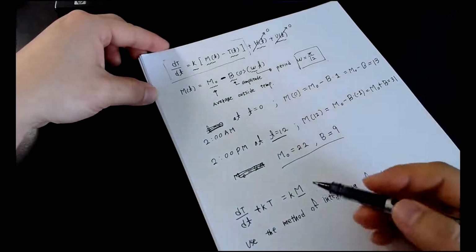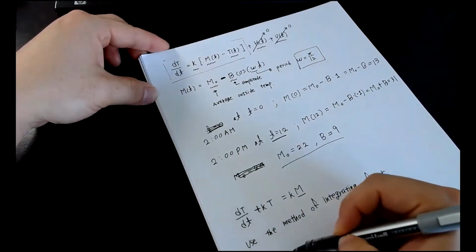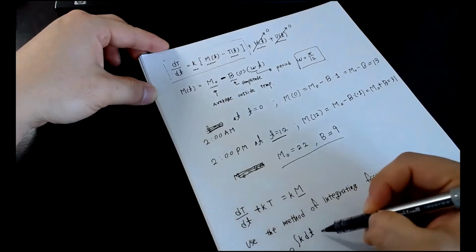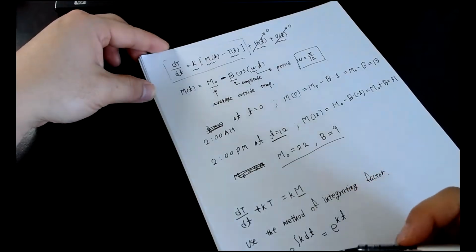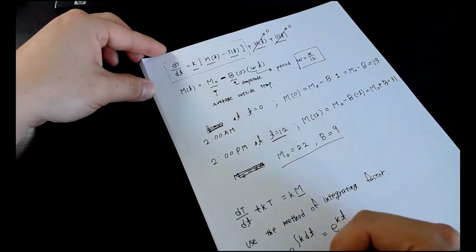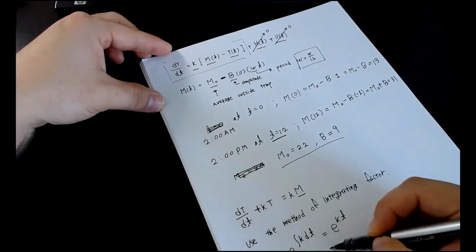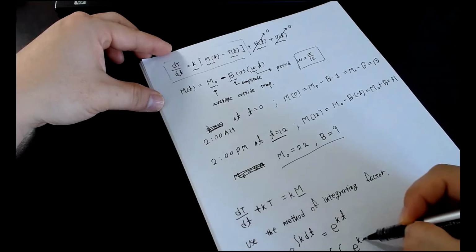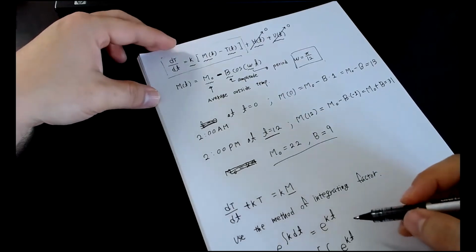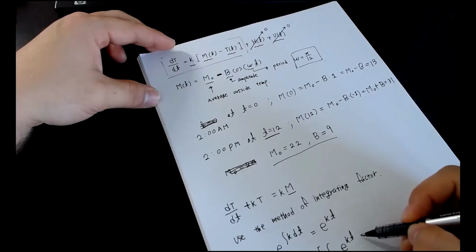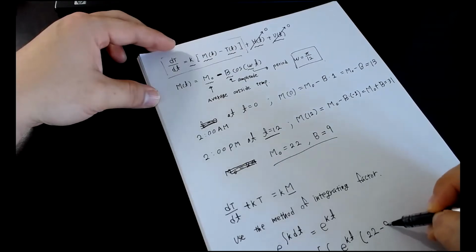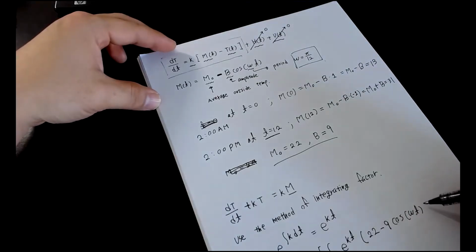Then the integrating factor mu is going to be e to the integral of k dt, which is e to the kt. And then the general solution of T(t) is going to be e to the negative kt times the integral of mu, which is e to the kt, times M, which is 22 minus 9 times cosine omega t, dt, plus c.